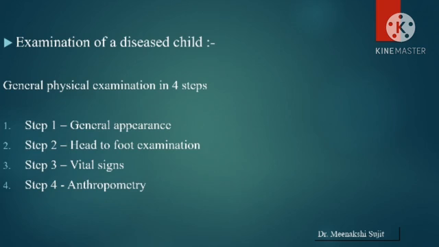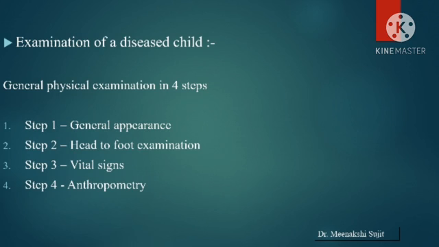Head to foot examination, what all will you do? First of all, head circumference, microcephaly or macrocephaly, then ear examination and eye examination, whether there is squint or anything, and then the nose, passage of air, everything you have to see. Then mouth examination, cleft palate or any difficulty in swallowing, and tongue examination.